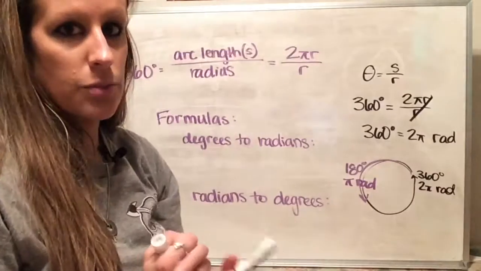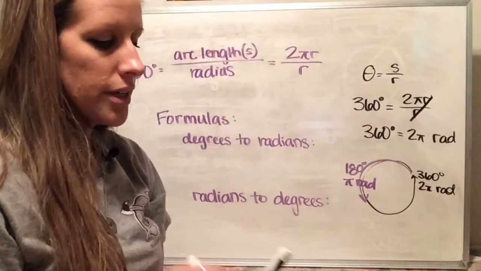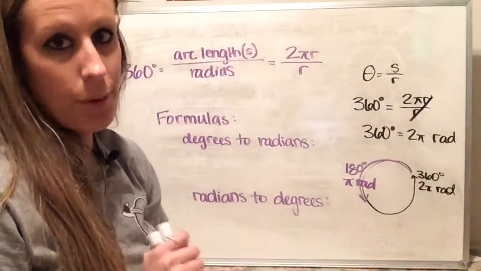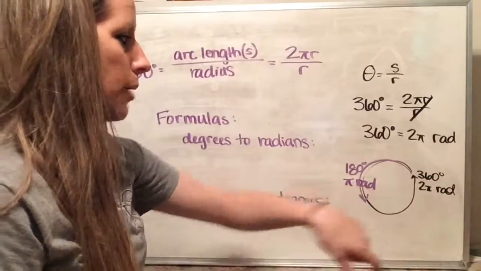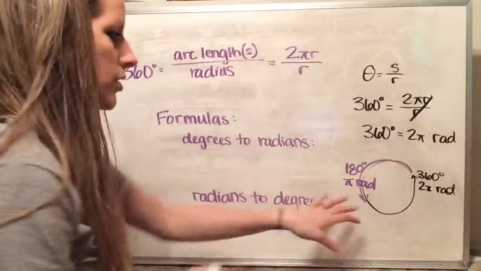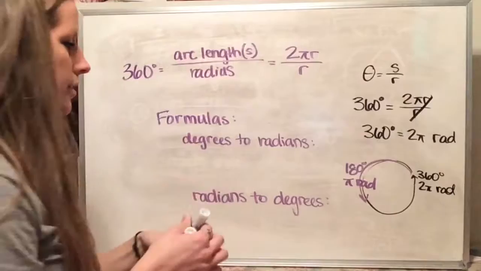We're going to talk about this more later this week, about the circle and the degrees and the radians. But the easiest two to remember is that 360 degrees is 2 pi and 180 degrees is pi. And we use this in our formula to convert from degrees to radians.